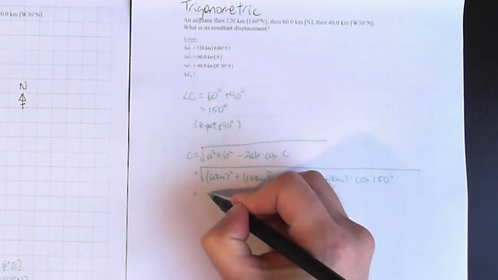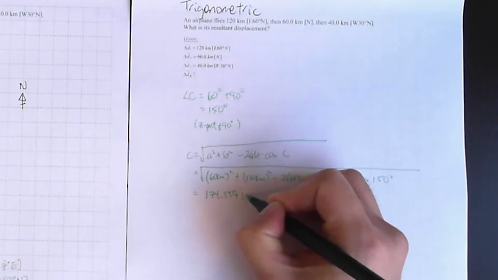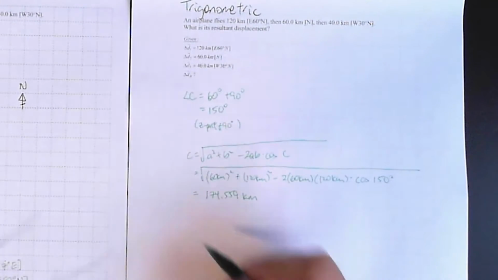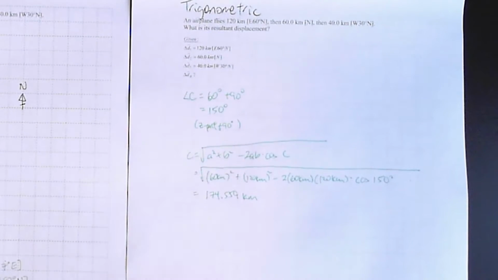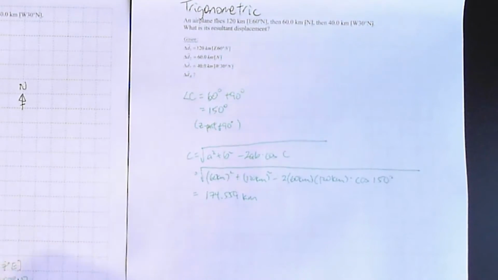And this works out to 174.559 kilometers. Believe it or not, the proper pronunciation is kilometers. After all, you measure mass as kilograms, not kilograms. Get it? All right, back to this fun stuff now.